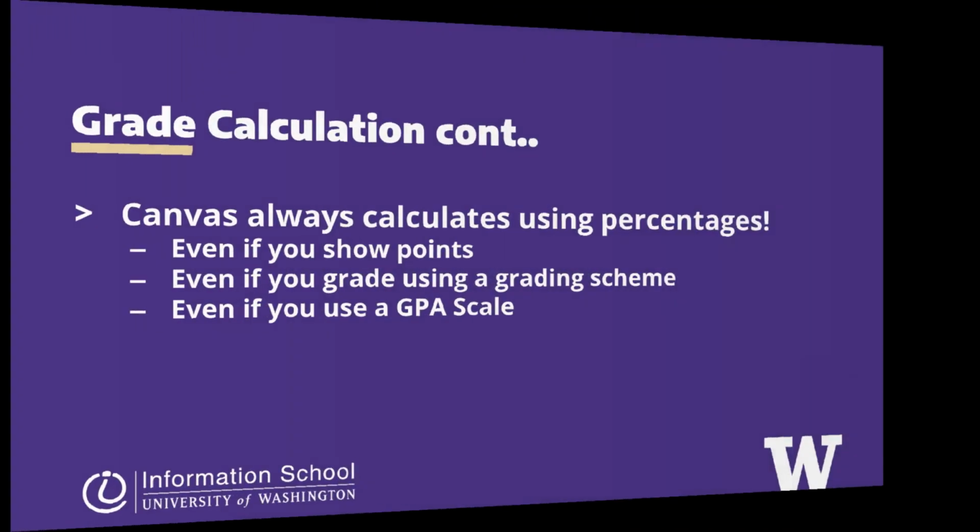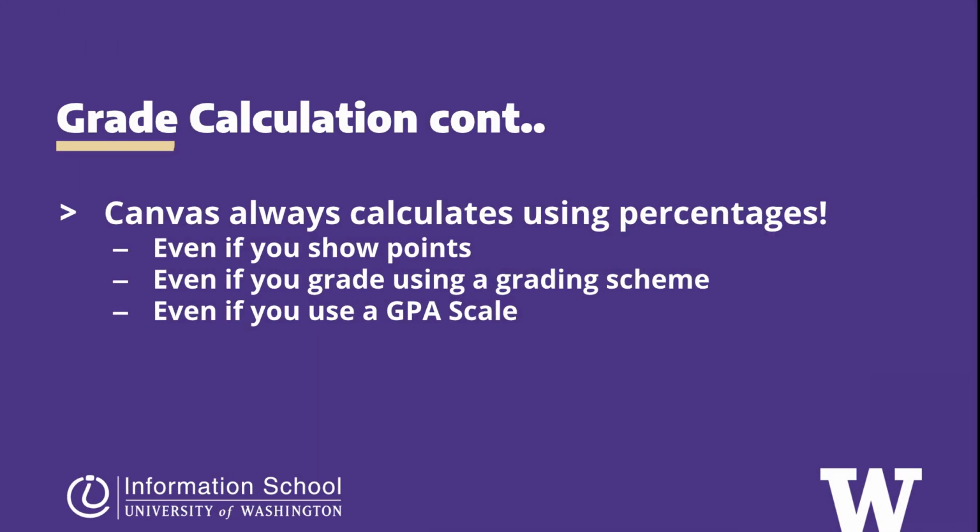The final thing to understand about the Canvas gradebook is that all grades are calculated using percentages, even if you show an assignment as points or even as a GPA scale. This is very important information, especially if you're trying to grade individual assignments using some kind of GPA scale. If your gradebook isn't set up correctly to use a GPA scale, students will consistently receive lower grades than they should.